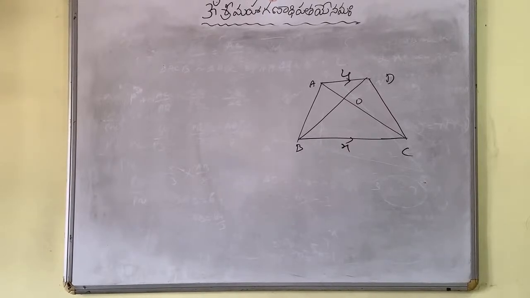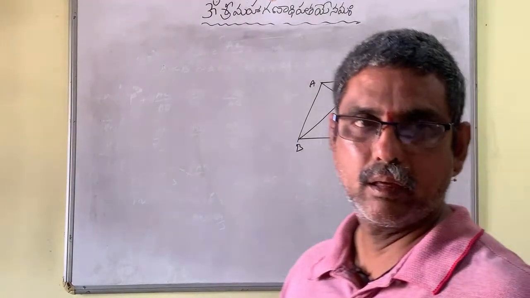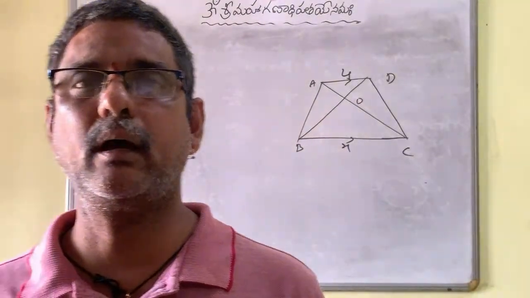Triangle ABD, ACD. ABD, ACD are similar. Is it necessary to take triangle ABD, ACD or AOD, BOC?